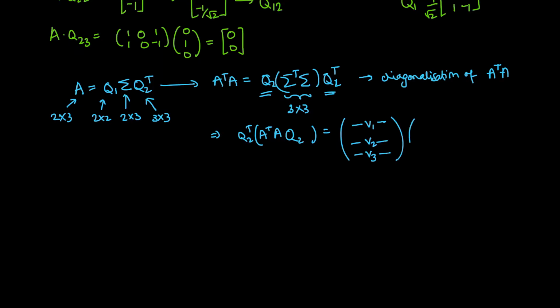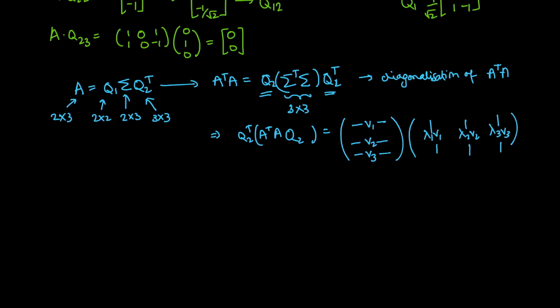Now, since the first column of Q2 is V1, and V1 is an eigenvector of A transpose A corresponding to the eigenvalue, say, lambda 1, we can write the first column as lambda 1 times V1, the second column as lambda 2 times V2, and the third column as lambda 3 times V3.